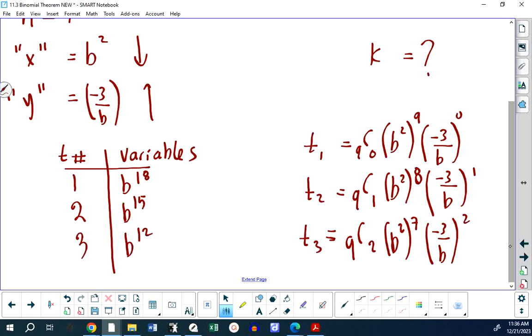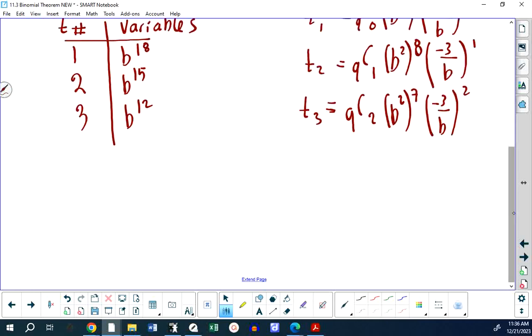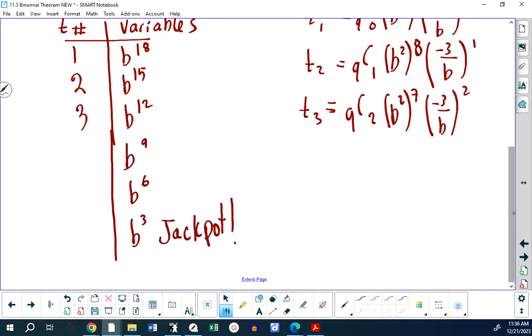And what I'm saying is we've established that b drops by 3 each time. And that means we can complete the table and say this will be b to the 9, this will be b to the 6, this will be b to the 3, which is what we're after.